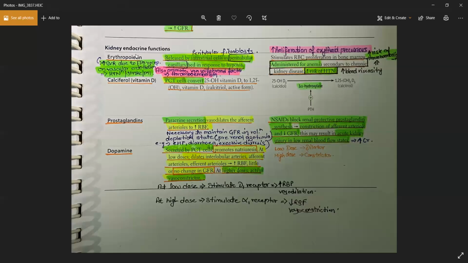In a normal situation, you won't get these conditions. But whenever you give the patient erythropoietin therapy, an external drug, the EPO analogs, if you give them too much of the EPO analog, then the risk is hypertension, stroke, MI, or thromboembolism because of activation of the von Willebrand factor. Is that okay? So do remember this function.